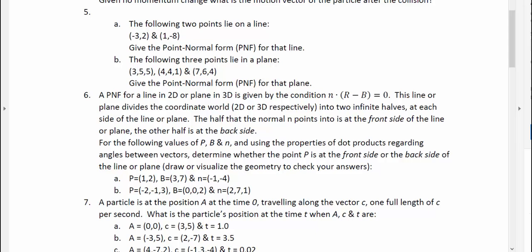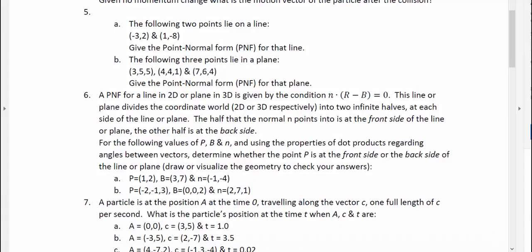So it doesn't really matter which ones we choose, but if we want more positive numbers, I think we can choose the middle one as the one to subtract from the others. So let's say that's 3, 5, 5.